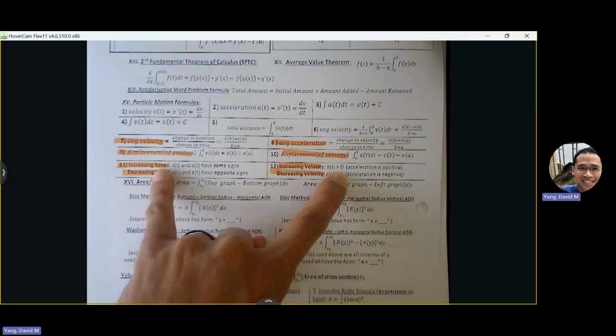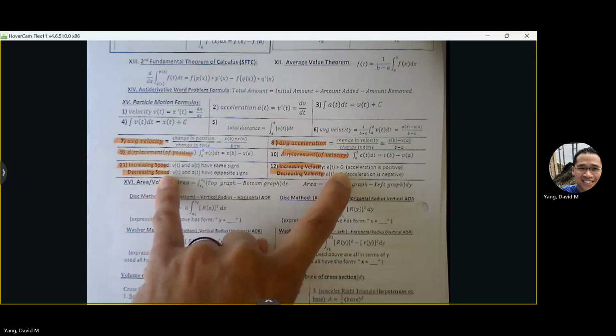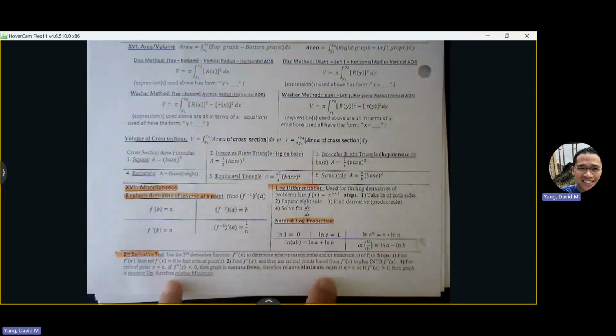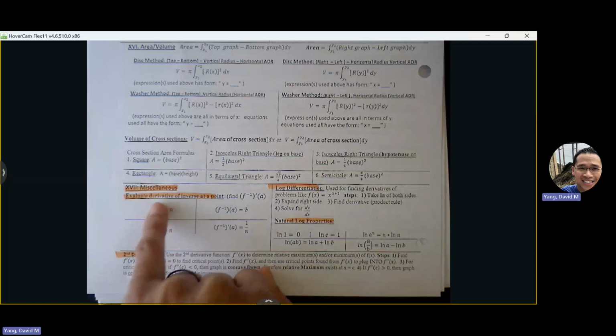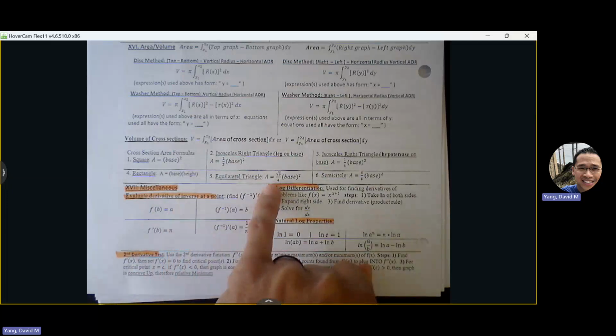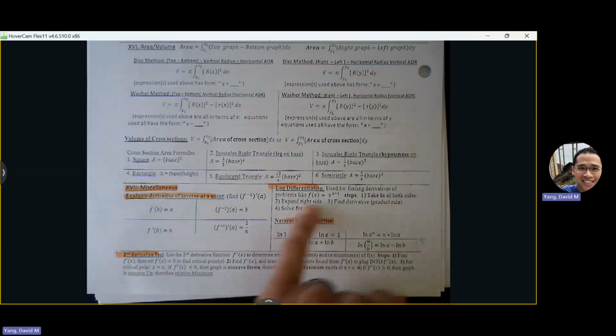That's okay. You already know these formulas. And then increasing, decreasing speed. And finally, at the very bottom of the page, all the miscellaneous topics below are also first semester topics: being able to find the derivative of an inverse at a set of points, log differentiation, log properties, and the second derivative test.